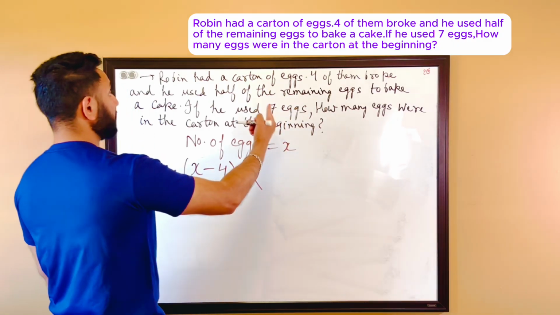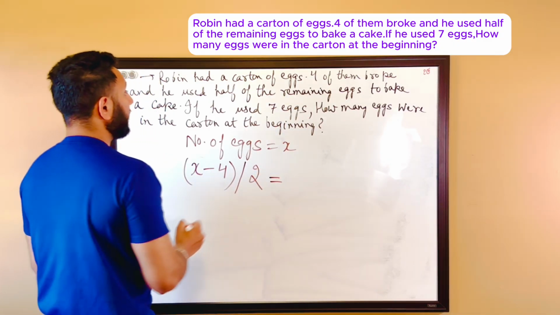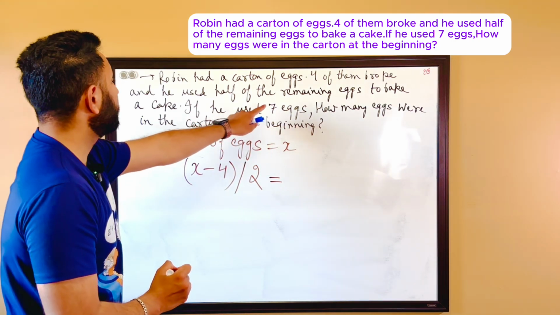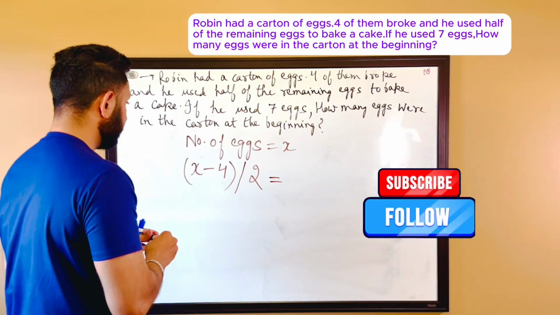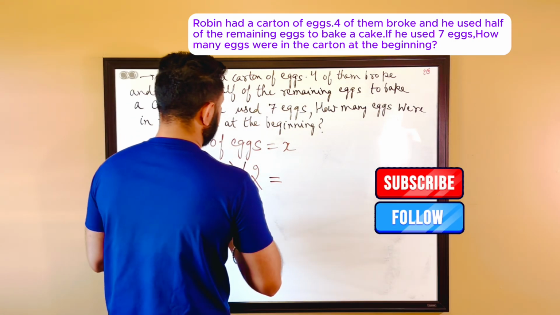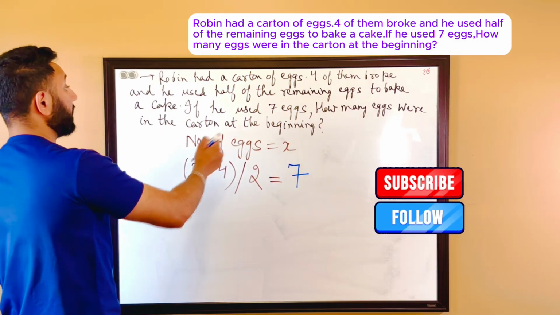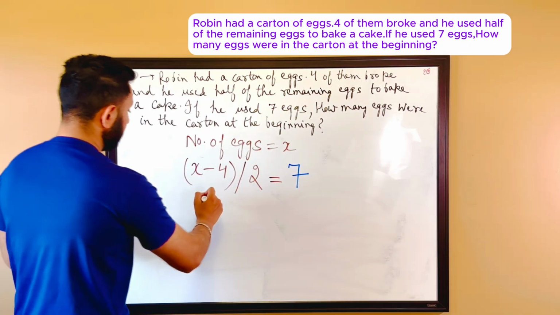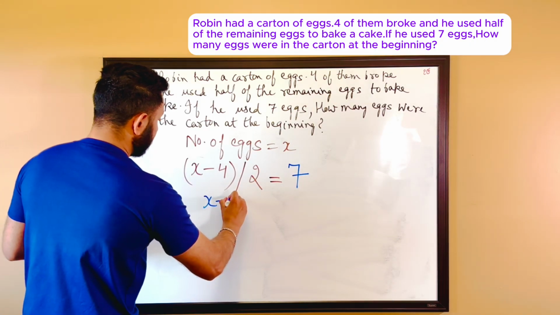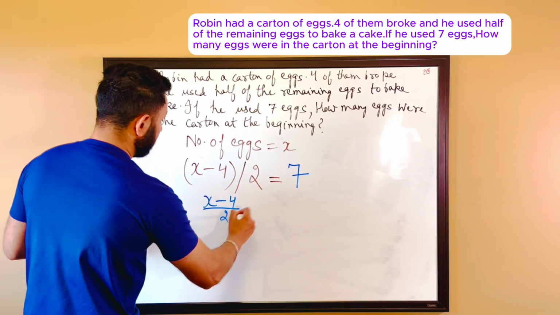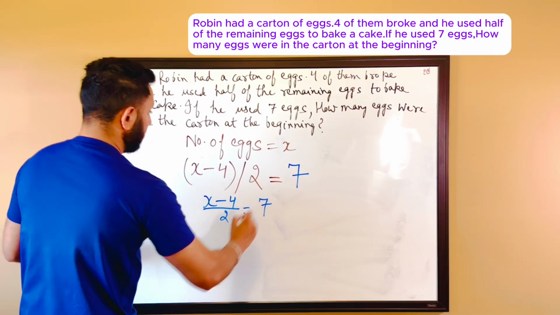And he used 7 eggs. So X minus 4 divided by 2 equals 7.